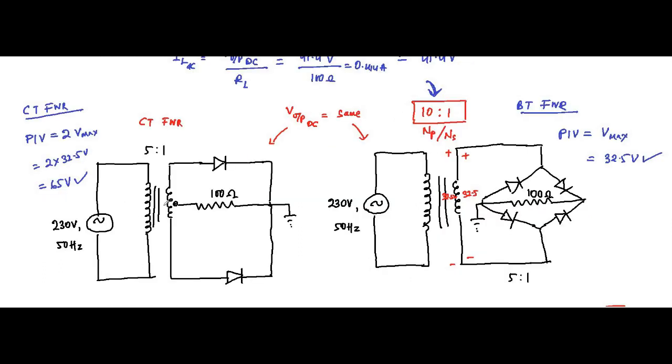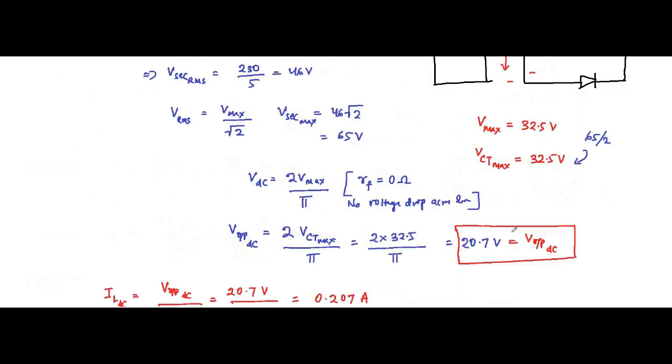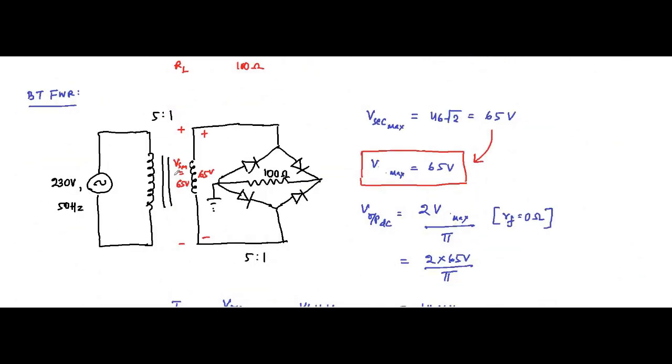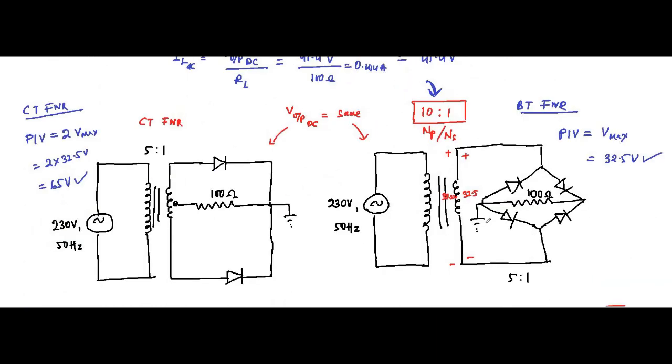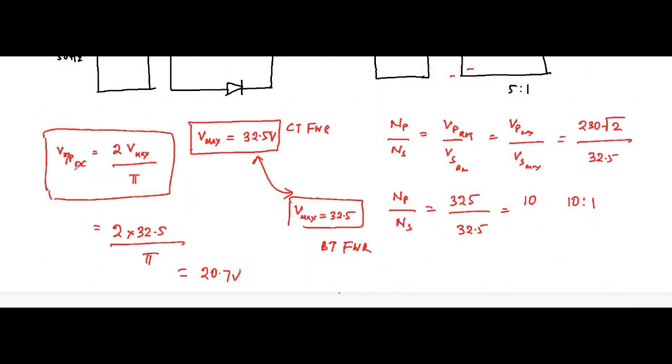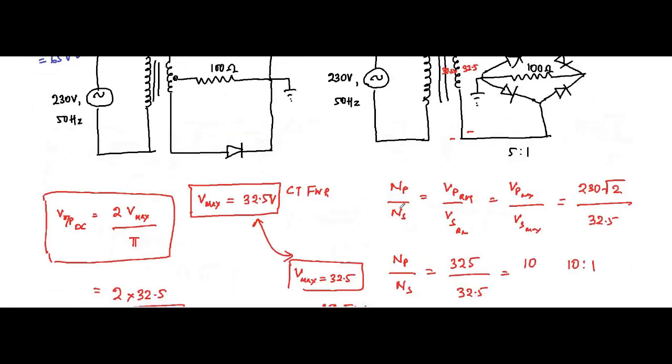For the simple reason that in center tap the maximum secondary voltage gets divided equally from the center tap point, and in the bridge type rectifier the entire secondary voltage appears across this. So we had to increase the turns ratio of the bridge type rectifier so that we can get the same maximum voltage, and when we get the same maximum voltage we can get the same output DC voltage for both the full wave rectifier circuits.